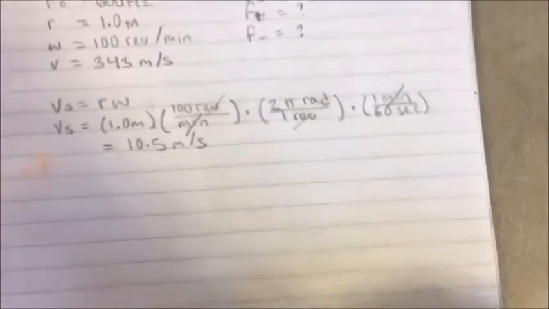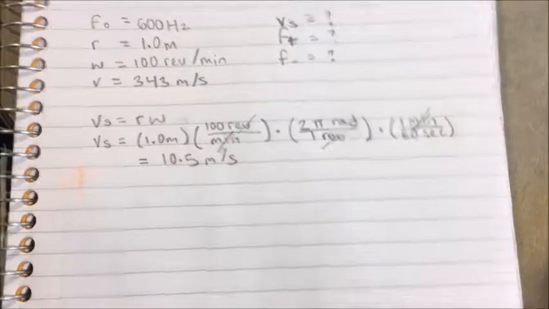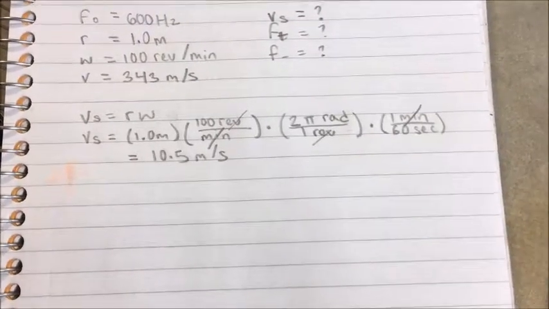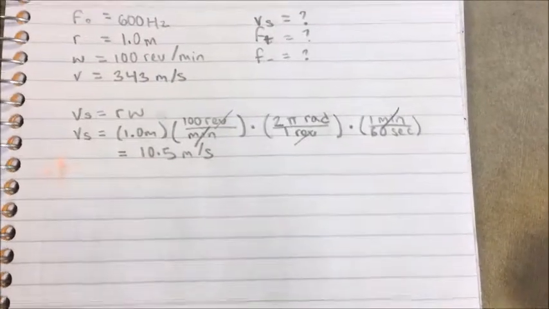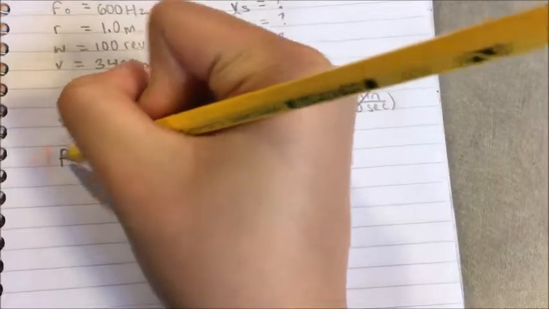After finding the velocity of the source relative to the medium, we can continue to find the highest frequency, and that is given by this formula.